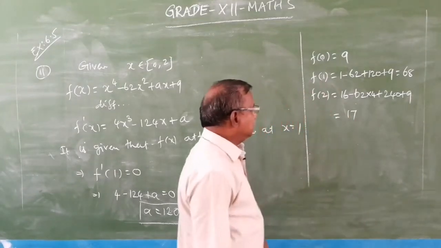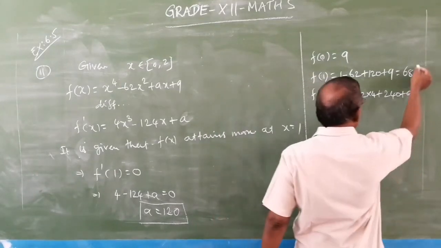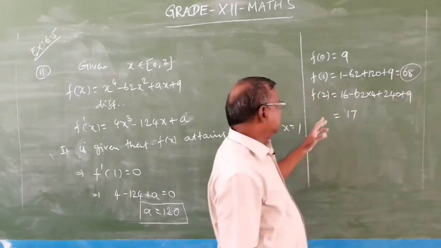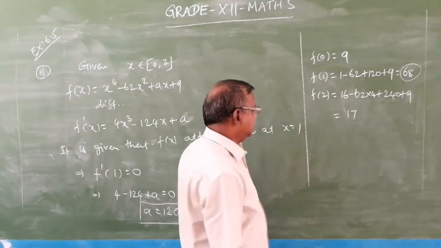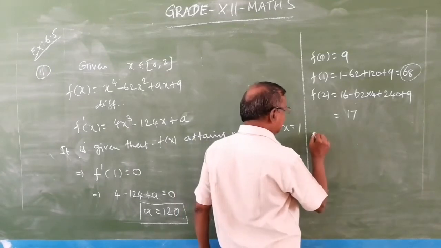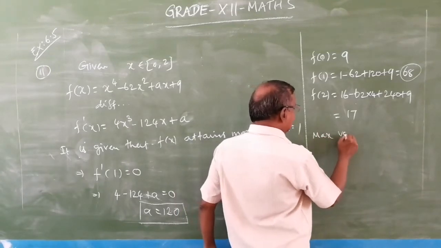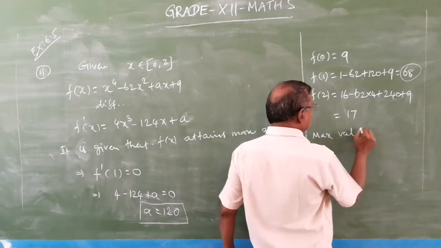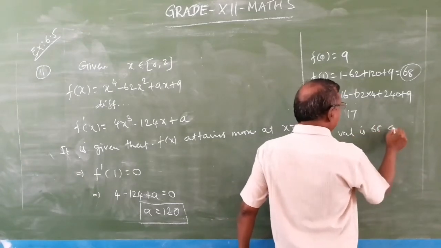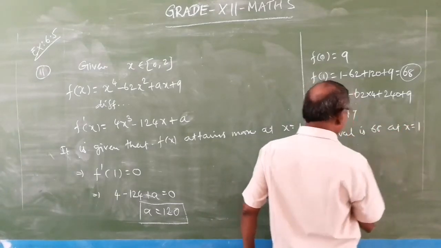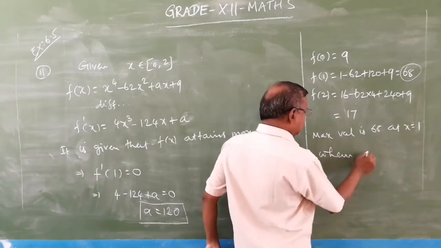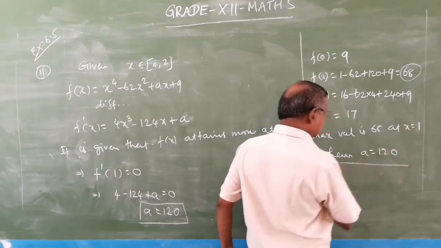So among all these values, the maximum value of f of 1 is 68, which occurs at 1. So the maximum value is 68 at x equal to 1 when a equal to 120.